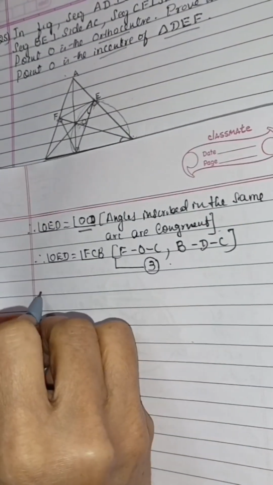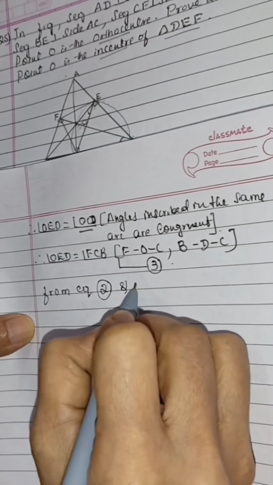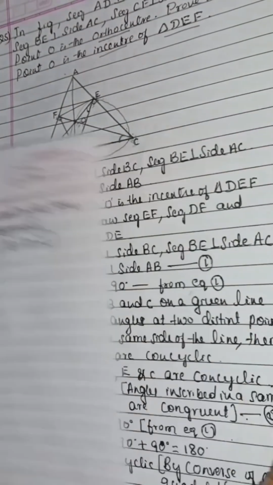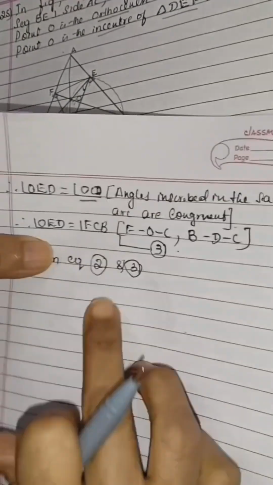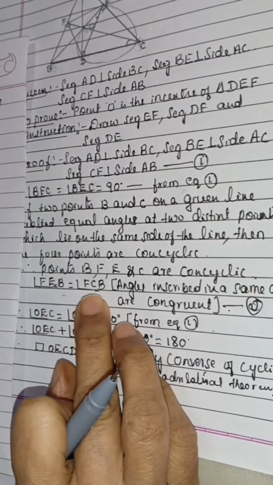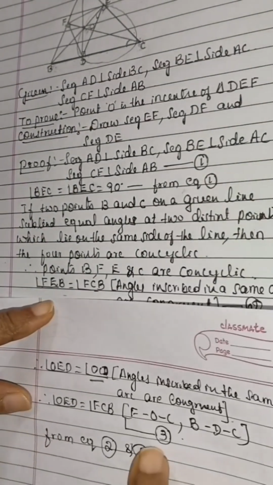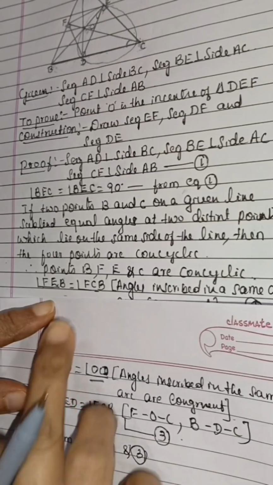Now from equation 2 and 3. Equation number 2 is angle FEB equal to FCB, and equation number 3 says OED equal to FCB.